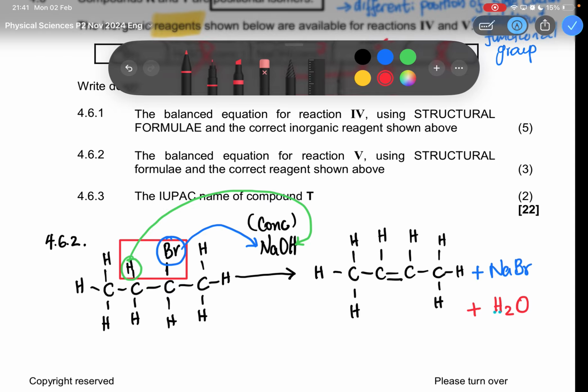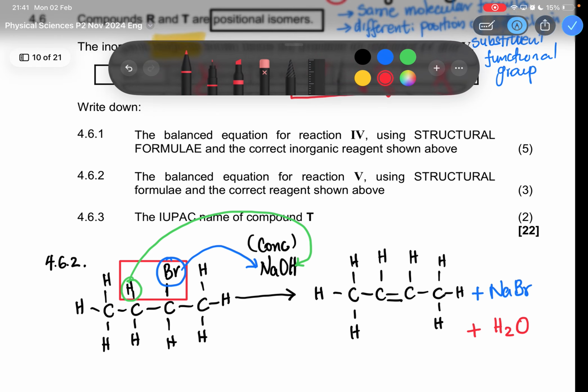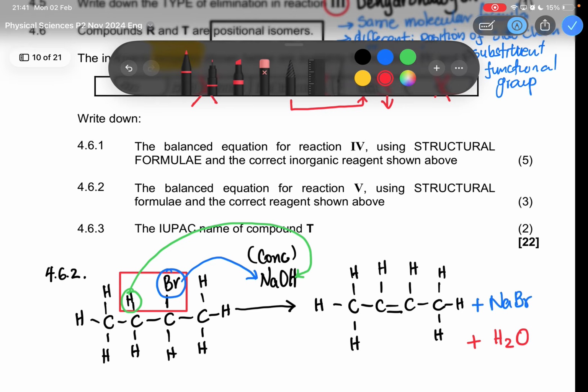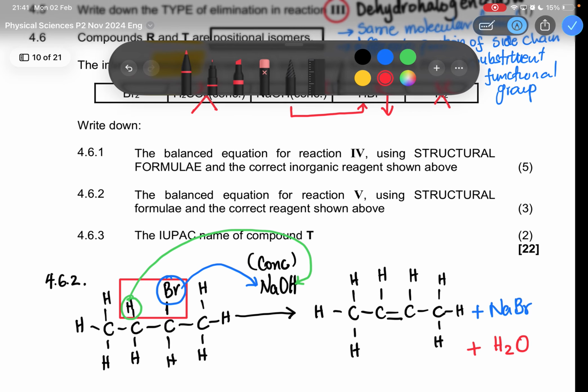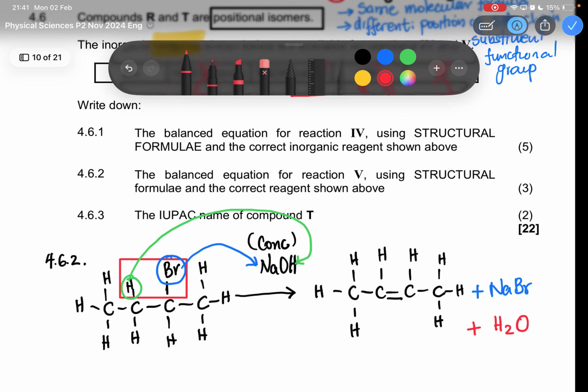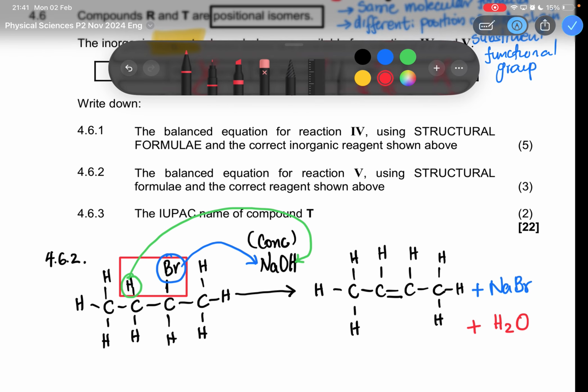So just note, dehydrohalogenation, when it happens, it forms 3 products. It is the only one in our curriculum. So this is what you have for 3 marks.